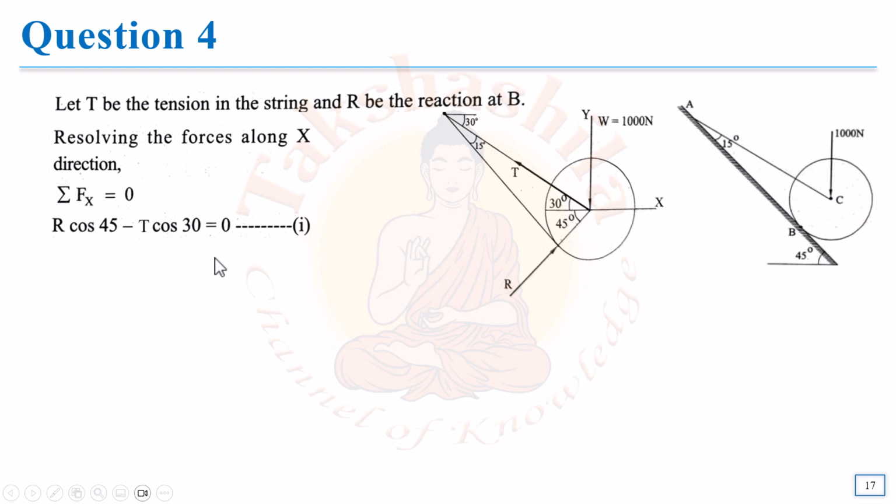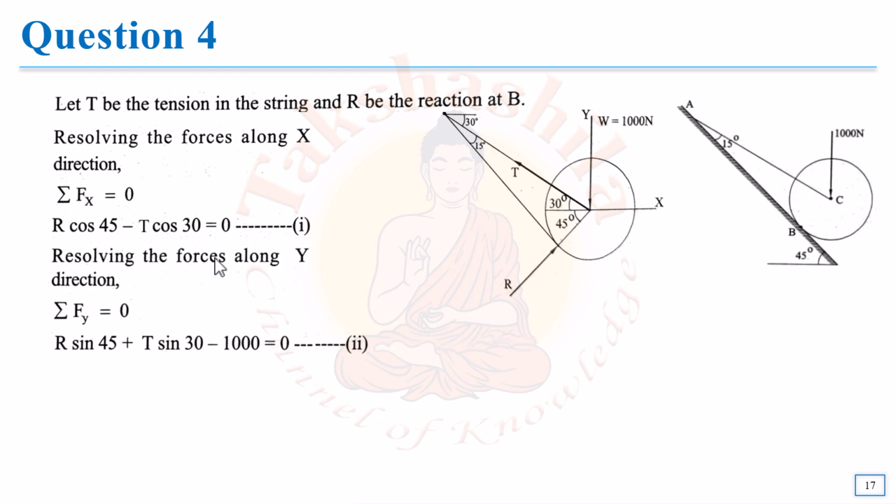Now what can we do? We can resolve the forces in the y direction and apply our next condition of equilibrium, sigma Fy is equal to 0. This reaction has a vertical component acting in the upward direction. What will be the value? R times sin 45, with respect to this angle.